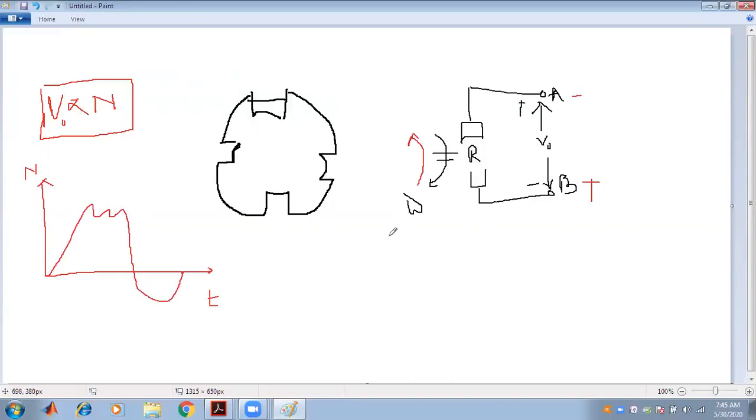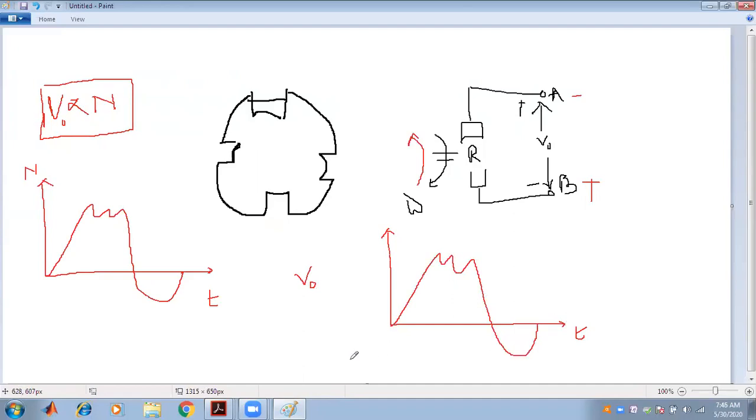And if I draw the graph of time t versus V0, we will see the shape of the graph is the same as what was in N versus t.